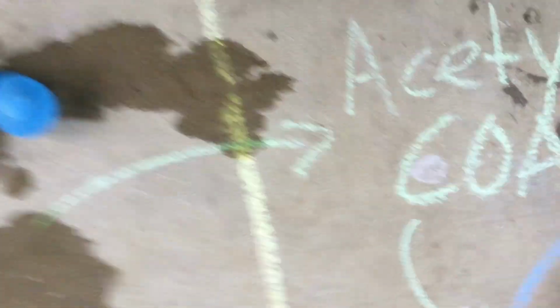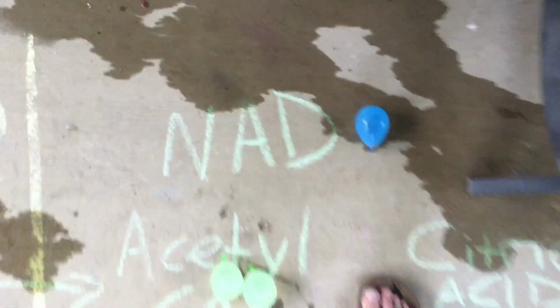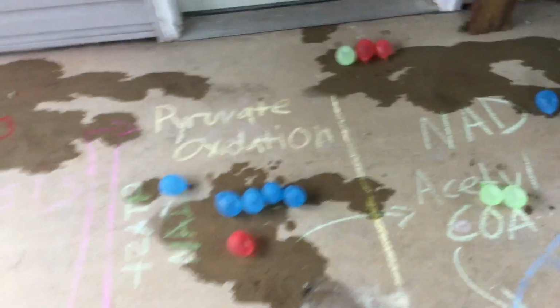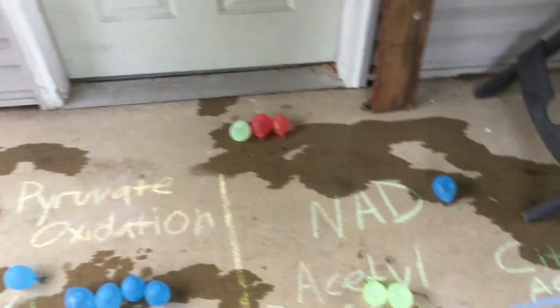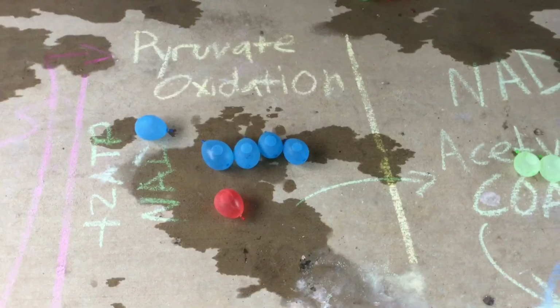Then we'll put these 2 carbons with the acetyl-CoA, and our other extra hydrogen is going to come over here. We're going to make another NADH. So just one pyruvate makes 1 carbon dioxide and 1 NADH, and we're going to use the rest of these later.